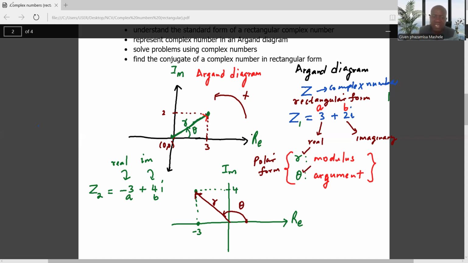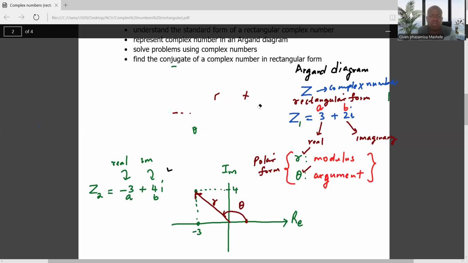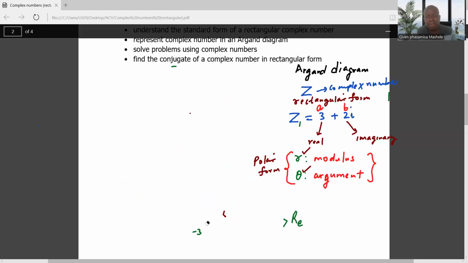We can come up with other methods, but for now, I want us to talk about this. In part 2, I'll talk about the polar form, how to convert from rectangular to polar and from polar to rectangular, and how to deal with De Moivre's theorem. We'll talk about that in the part 2 session, ladies and gentlemen.